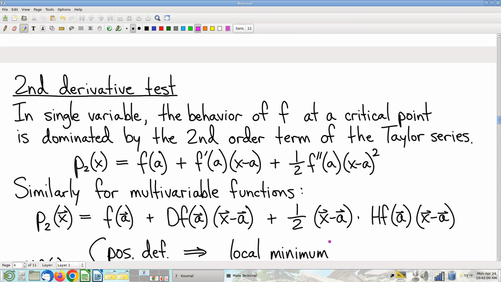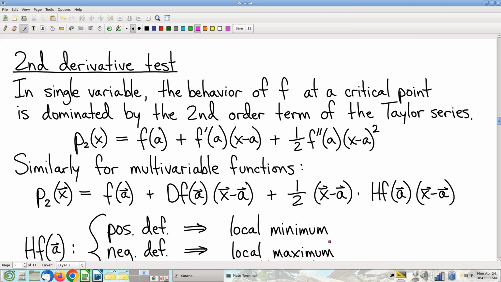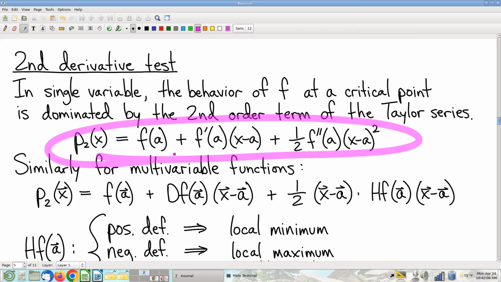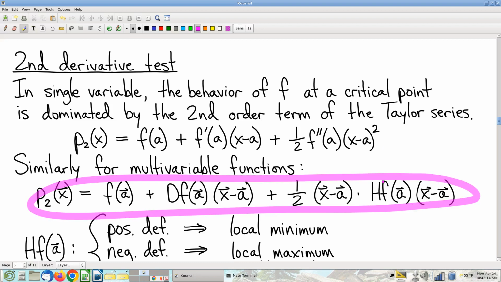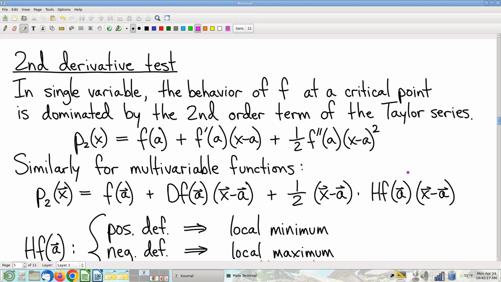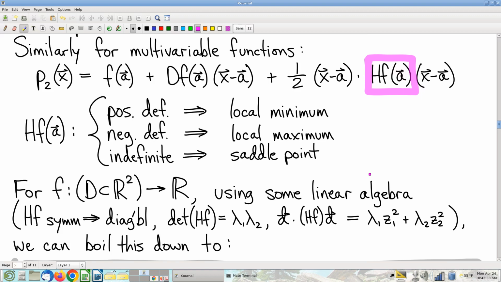Okay. Second derivative test. We've already made the observation that the single variable second degree Taylor polynomial and the multivariable second degree Taylor polynomial are highly analogous. And in the same way that the second derivative makes up the second derivative test, thus the name, in single variable, well, likewise, the second derivatives, this time in the form of the Hessian matrix, are basically the point to the second derivative test if you're trying to classify critical points.